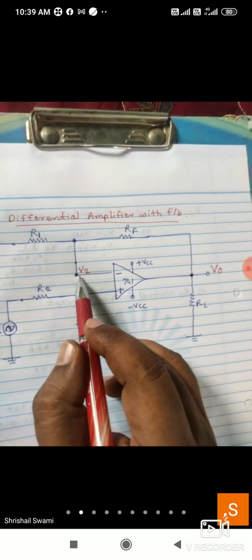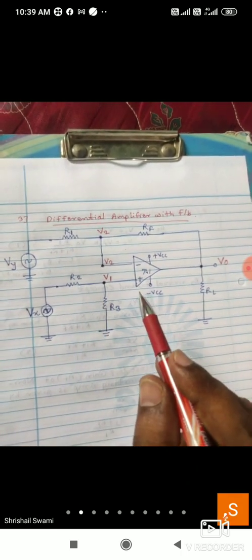The feedback resistor is Rf, which you connect from the output, giving the feedback to the inverting terminal. So what is the voltage at this point? That is V2. The voltage at the inverting terminal is always V2. Now we have to find the output voltage expression as well as the gain of the amplifier, AF, in the differential amplifier with feedback.